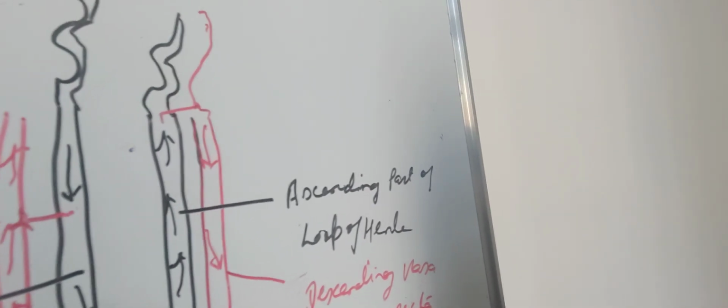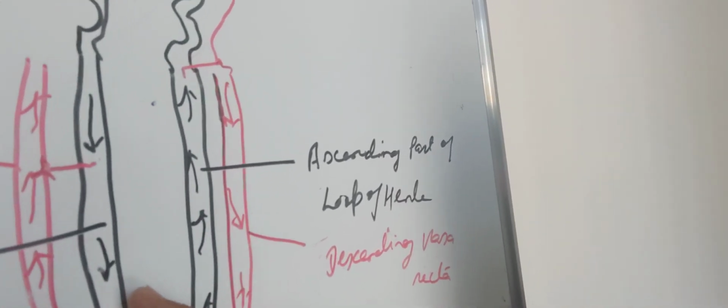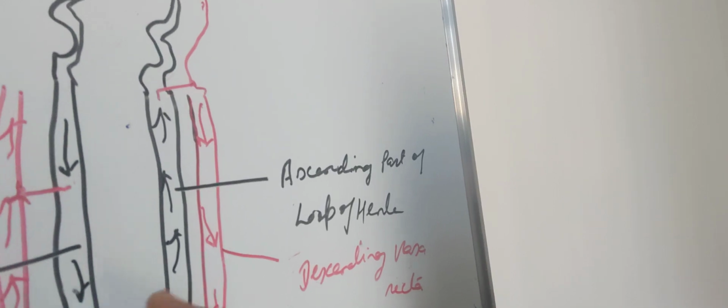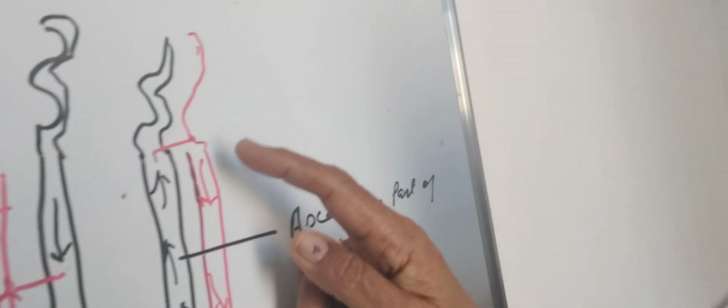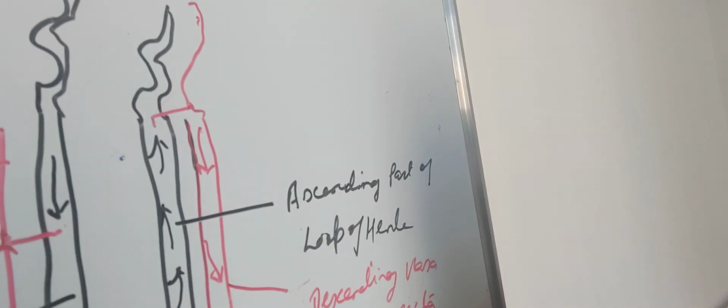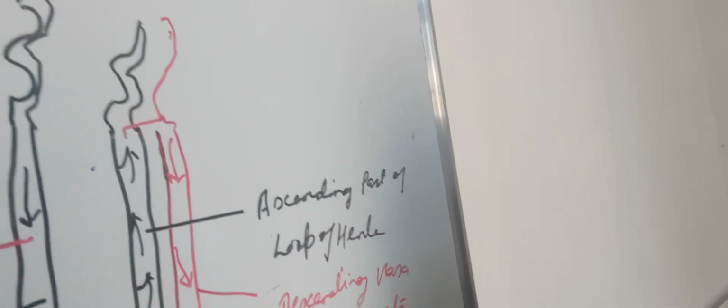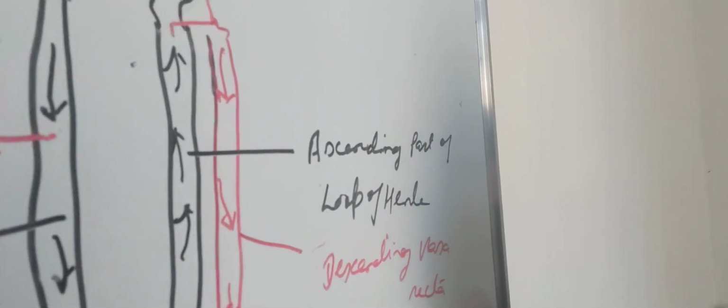Then from the descending limb of the loop of Henle, water will pass to the ascending limb of the vasa recta. So sodium ions from the descending limb will go to the ascending limb, and in this way they are transported to the collecting duct.